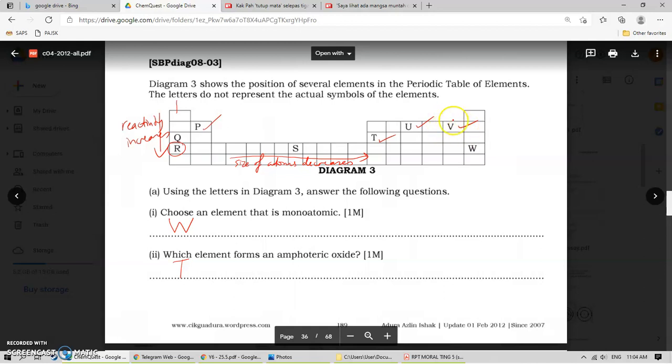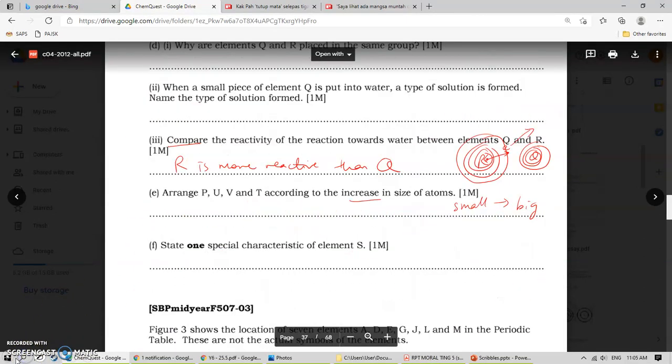V would be the smallest because as you go across period 2, the size of atom becomes smaller. So V will be the smallest, followed by U, followed by P, and T has 3 shells. So that would be the biggest atom. So V, U, P, T, that's the answer.